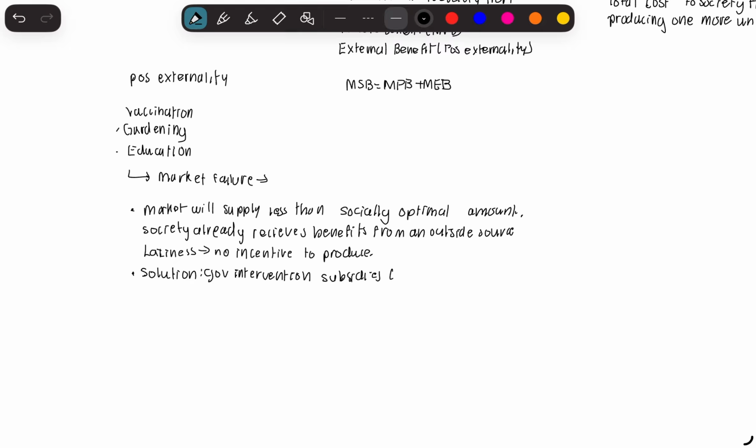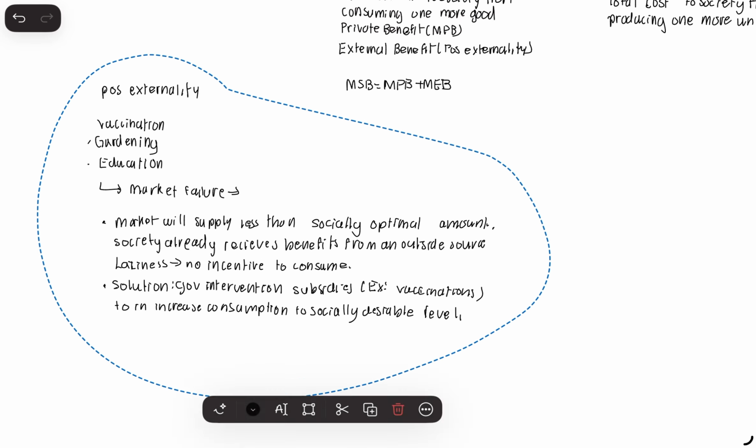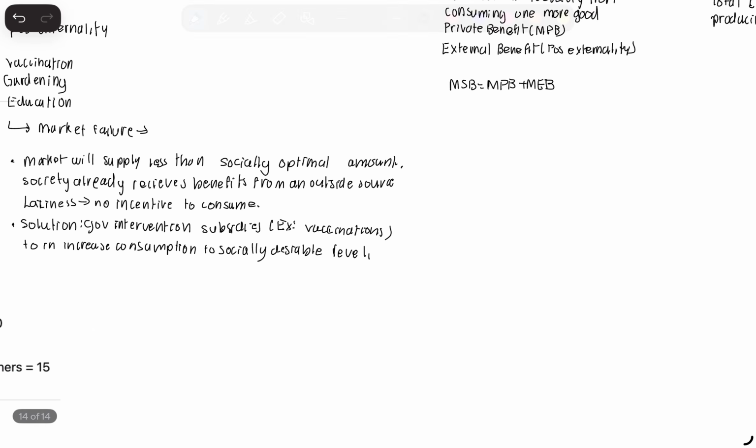Subsidies, for example, vaccinations, to increase that, not to produce, to consume. So those are your positive externalities.